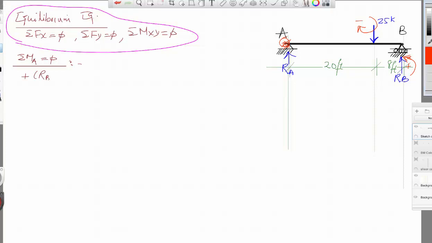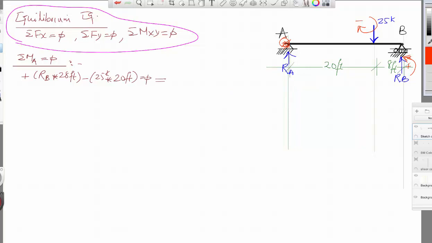So we have plus reaction at B multiplied by the distance from here to here, which is 28 feet, minus this one, which is 25 kips, multiplied by the distance from here to here, which is 20 feet, is equal to 0.